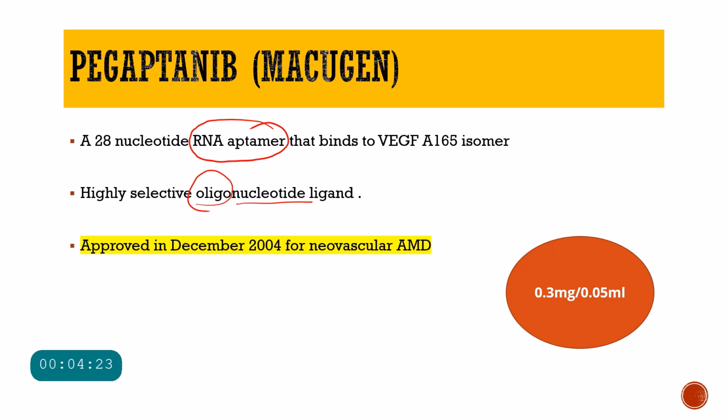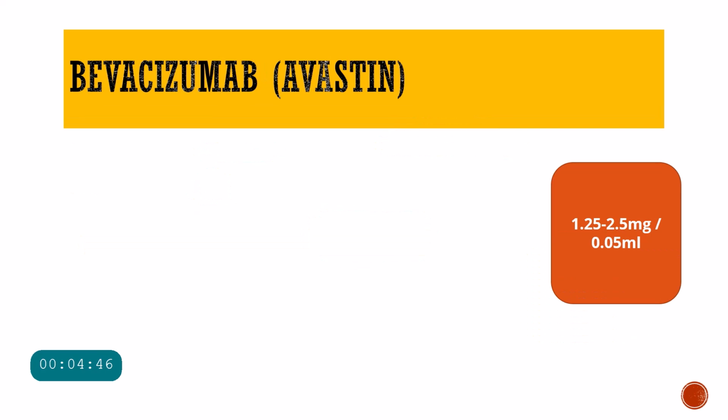Pegaptanib is important because it binds specifically to the VEGF A165 isomer, which is a very important isomer of the VEGF A family. Pegaptanib was approved by the FDA in December 2004. However, it was approved for neovascular AMD. But we are studying it here because it was the first anti-VEGF that was discovered.